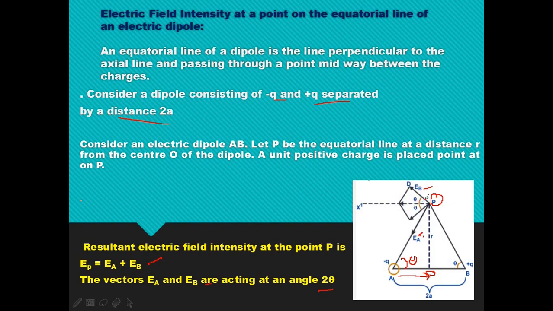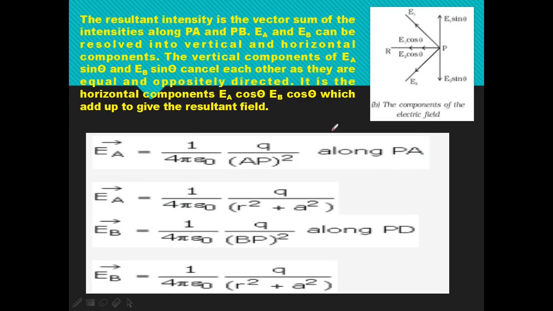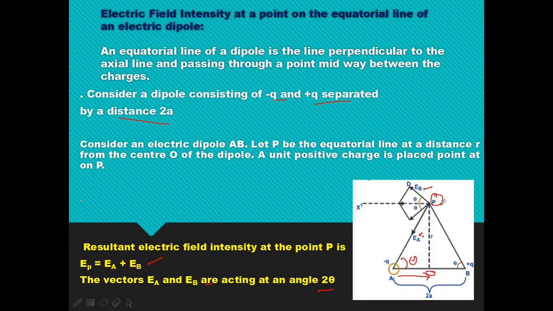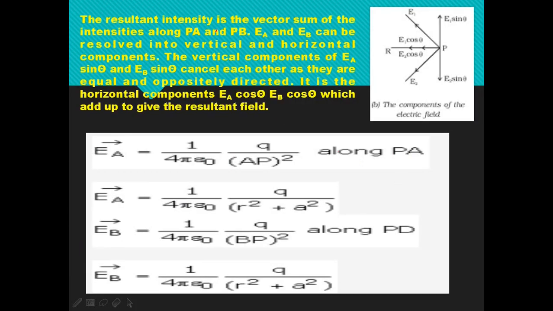Clear, student? Next, the resultant intensity is the vector sum of the intensity along PA and PB. This is point P. Here, see the diagram. This is PA and this is PB.